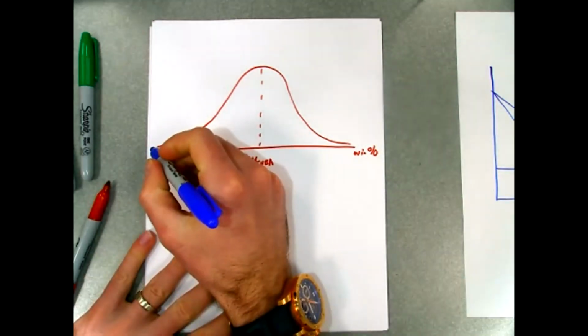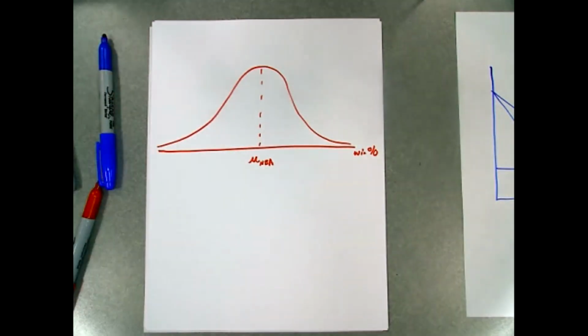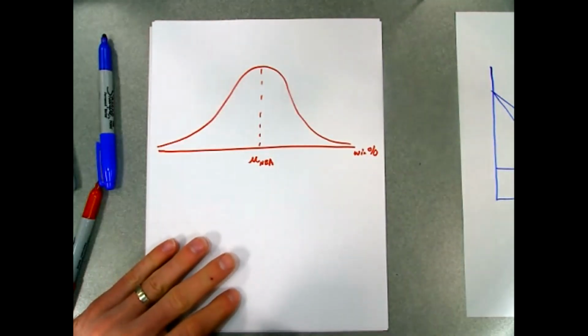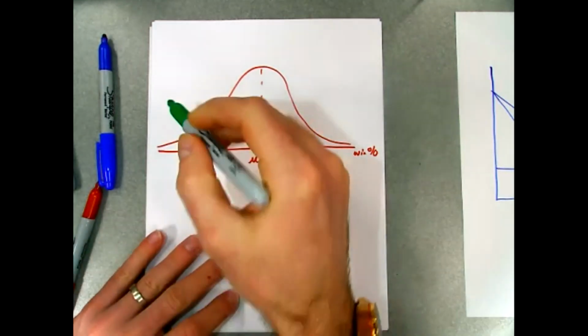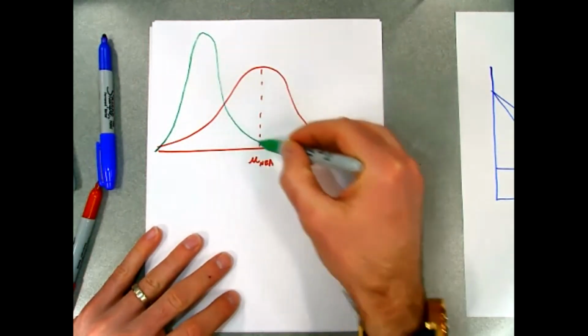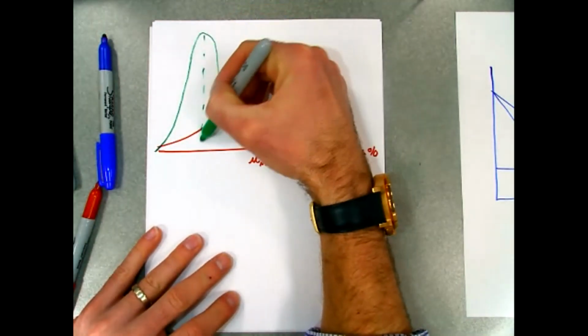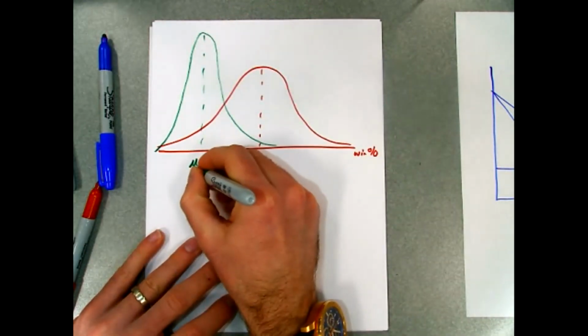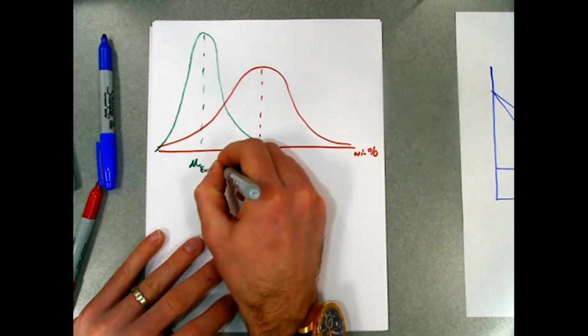So if there's more variation, I'm going to have something like this. And that's going to represent the distribution for the win percentage in European soccer leagues, measured as a whole.